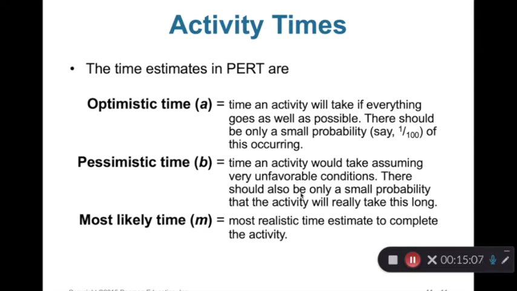There should also be only a small probability that the activity will really take this long. The last one is the most likely time, the most realistic time estimate to complete the activity. I think you are familiar with these terms, because when we talked about decision making under uncertainty, we talked about the optimistic method, the pessimistic method, and the equally likely method. They are very similar here.